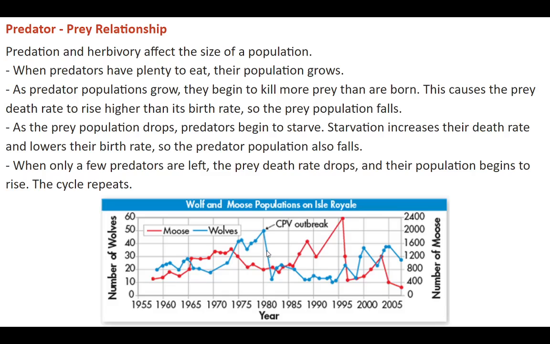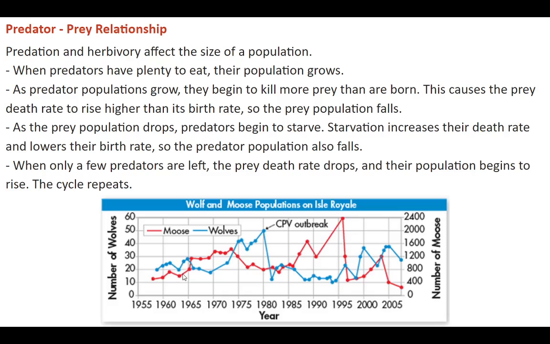This is simply births and deaths, right? And so notice the moose population, which is the red line, and the wolf population. When the wolf population was high, the moose population was low. Okay, if the wolf population dropped, notice it was because the moose population dropped. Something caused the moose population to go down, probably too many wolves.